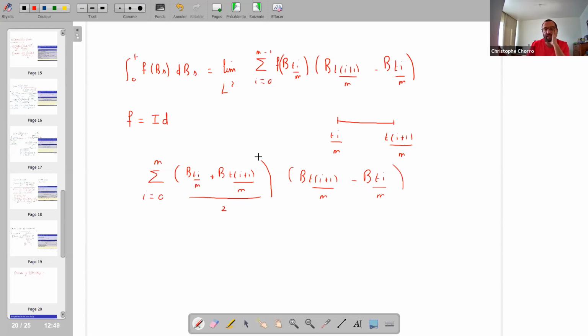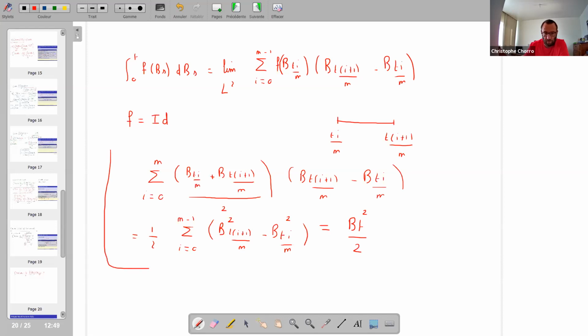In this situation, you see that I have the identity (a plus b) times (b minus a). So this sum here is one half the sum from i equal to 0 to n minus 1 of B at t_{i+1} over n squared minus B at t_i over n squared. And at the end, it's not necessary to compute the limit in this situation because I have immediately B_t squared over 2.